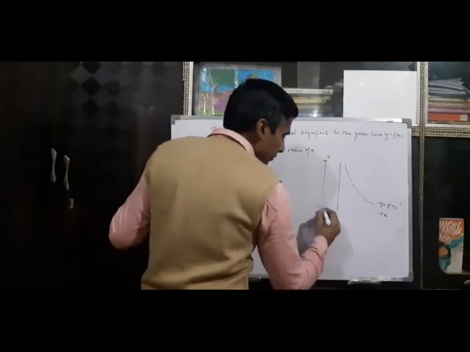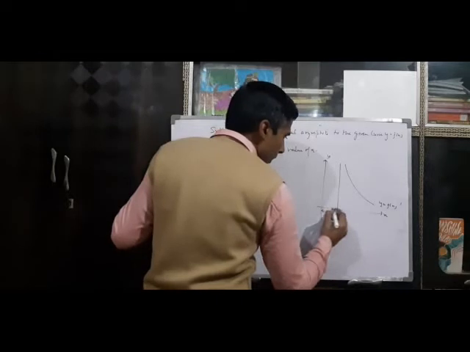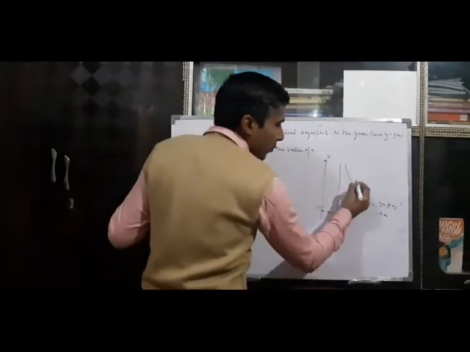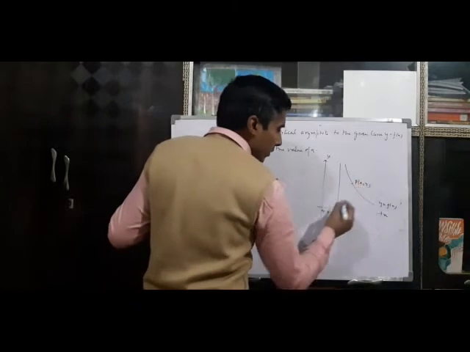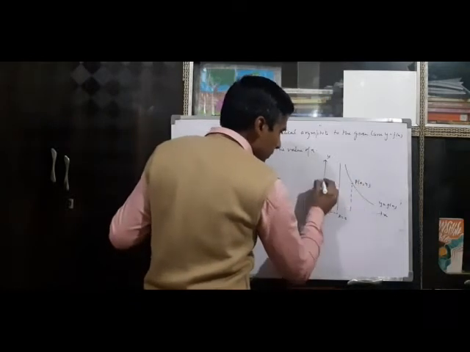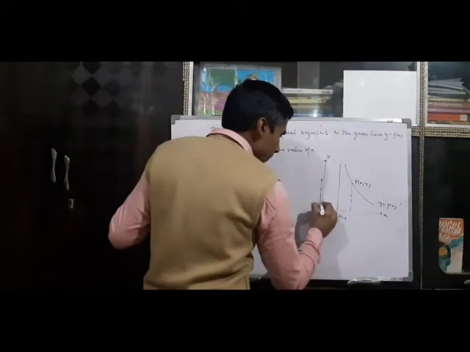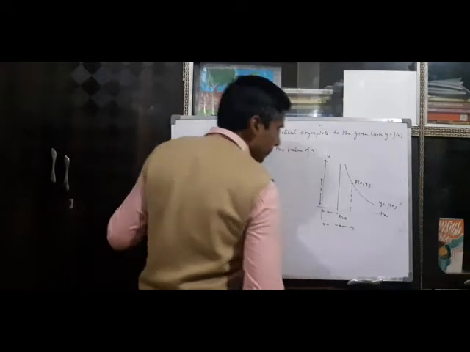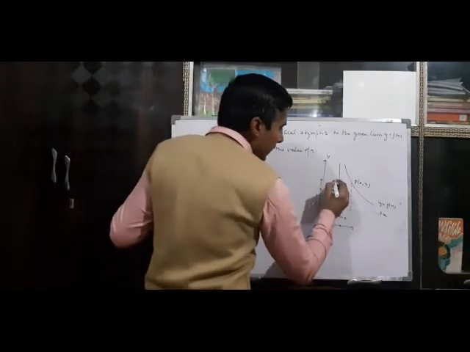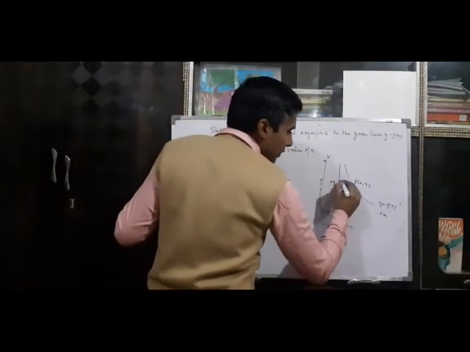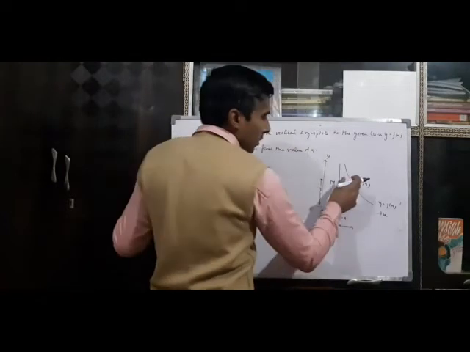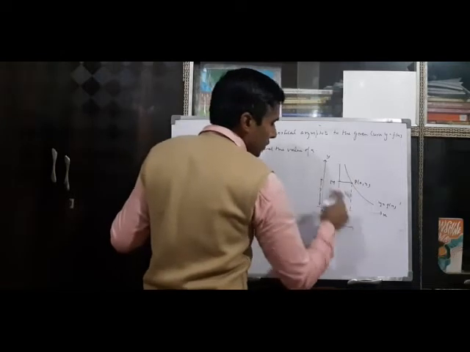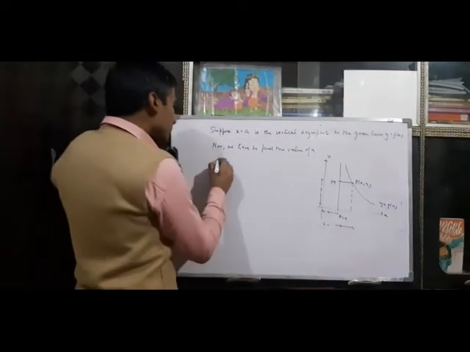This is the line x is equal to a, and suppose we take a point P (x, y), where this distance is y and this distance is x. Now we take a point M which is perpendicular, the point P is perpendicular to this line x is equal to a.